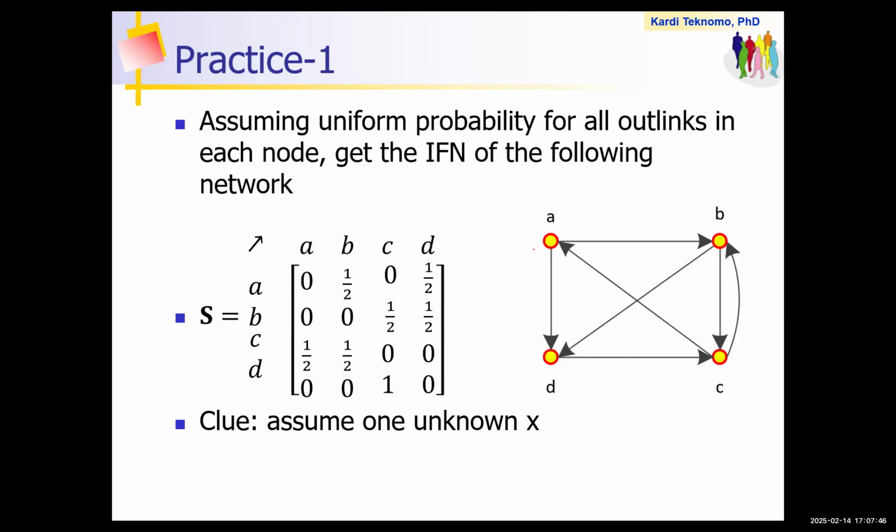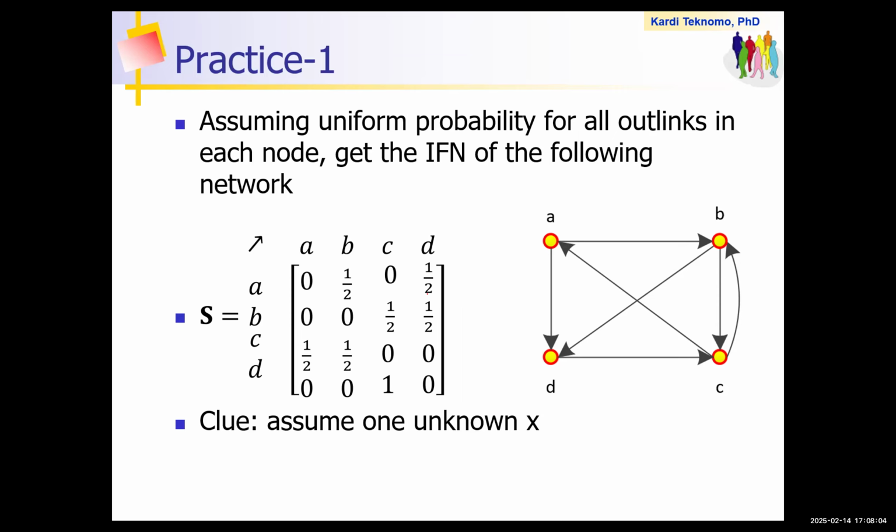Okay, so let's practice first. Assuming you have uniform probability, the stochastic matrix is given. From A you go to B with 50%, and A goes to D also 50%.